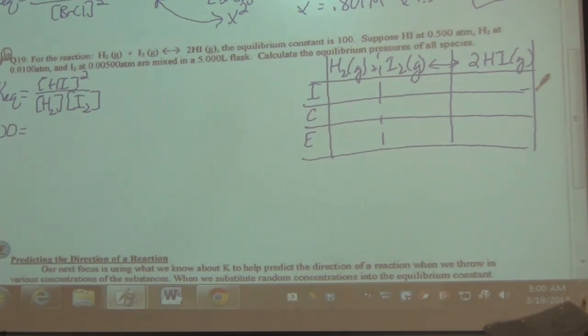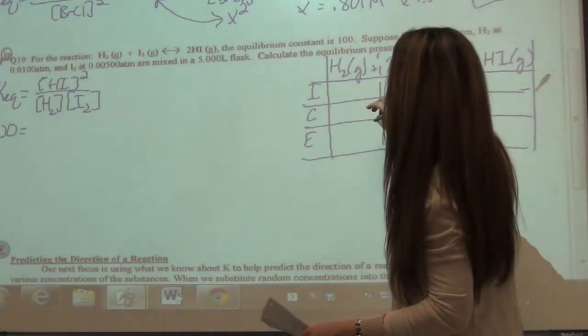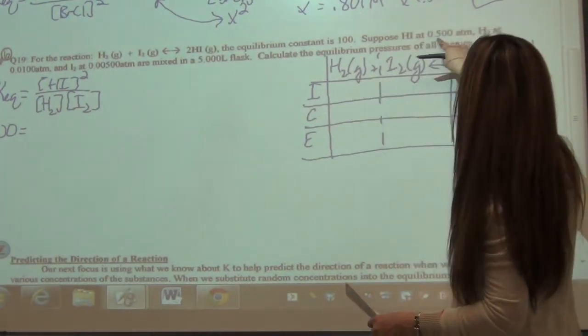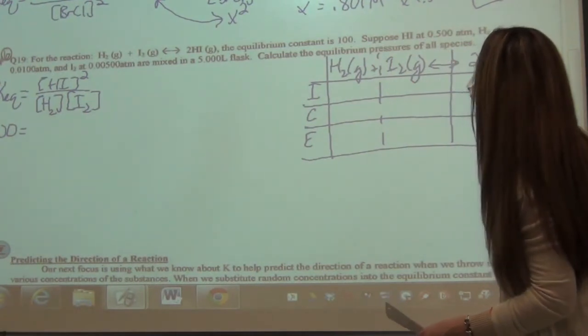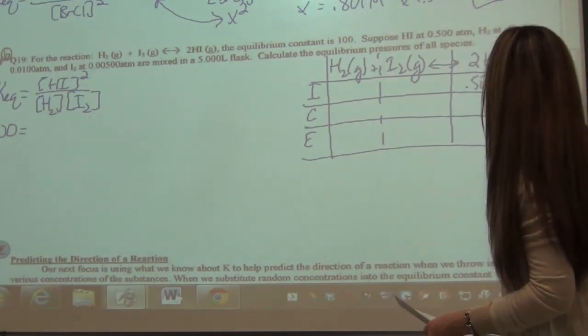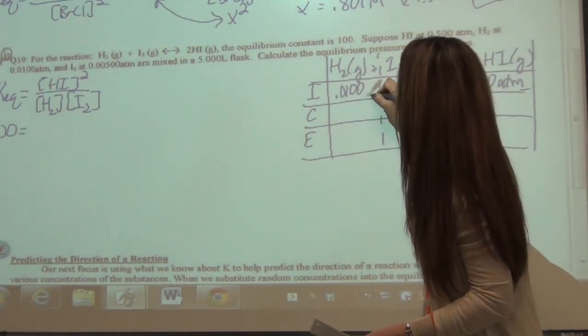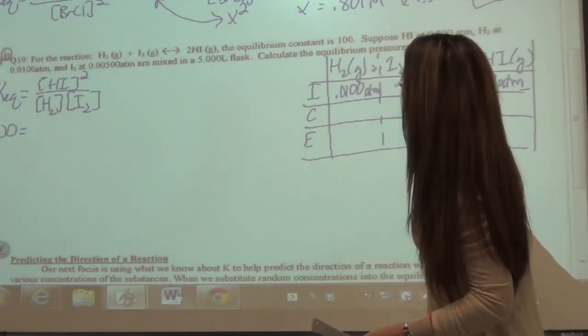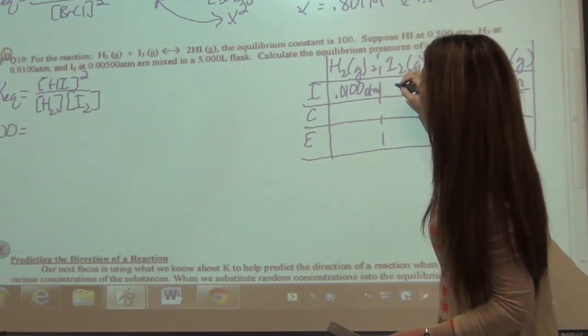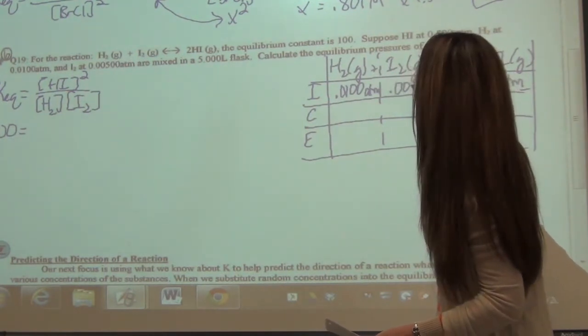Now they're not giving us concentrations, they're giving us pressures. Why? They're the same, they're gases. So HI is at 0.5 atmosphere, H2 is at 0.01, and I2 is at 0.005.